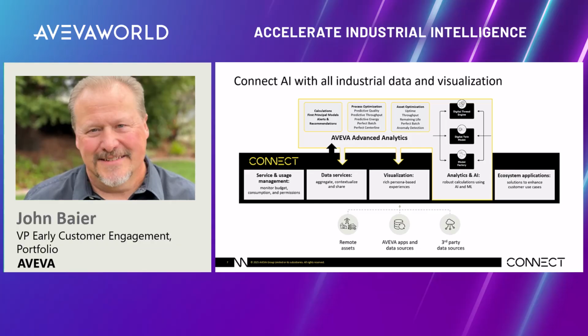Integrated highly with Connect. So it's integrated directly with Connect Data Services, and it's integrated directly now with Connect Visualization Services. So it's really become part of the Connect suite, if you will.